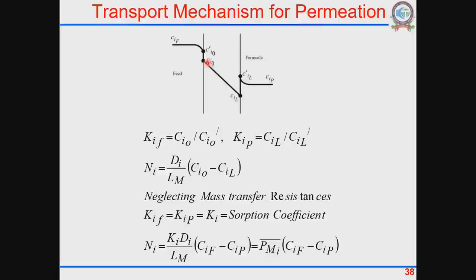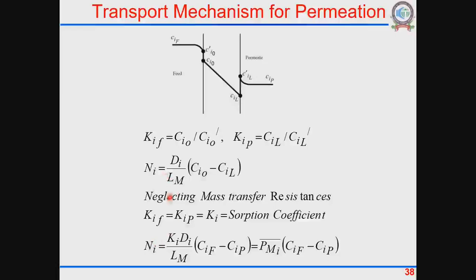Now if I want to write flux through this membrane, it would be related to the diffusivity through the membrane, the thickness of the membrane, and the concentration difference across the membrane, Ci0 minus CiL. I can replace Ci0 and CiL from these expressions. If I neglect the mass transfer resistance on the feed side and the permeate side, that means the bulk concentration is the same as the membrane side concentration, and the feed side and permeate side partition coefficients are the same. Sometimes they are also called sorption coefficients.